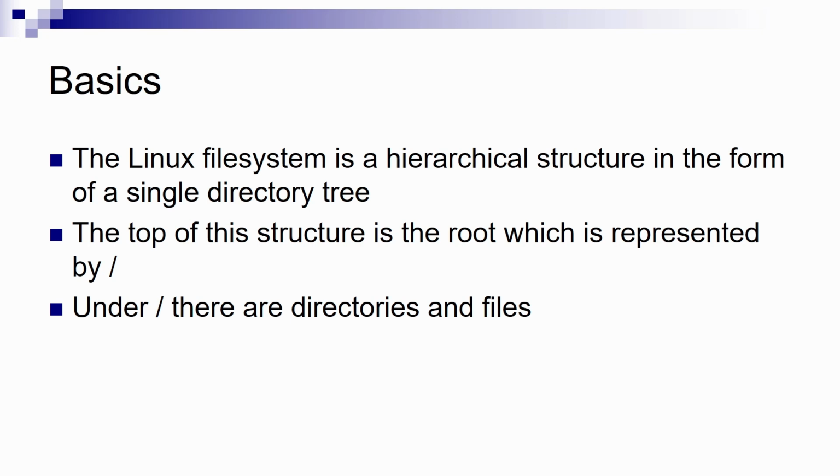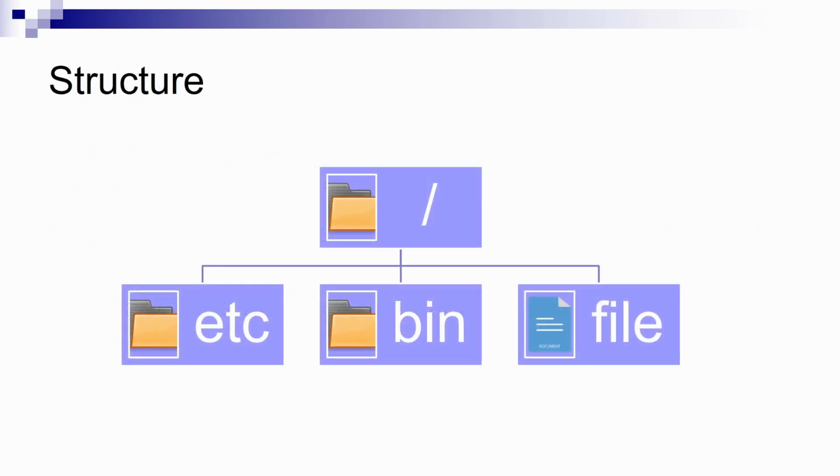From this standpoint of what objects you find in the file system, Linux is not that different than Windows. You have folders or directories and you have files of different types. And here is a very simplified way of seeing how the Linux file structure is made.